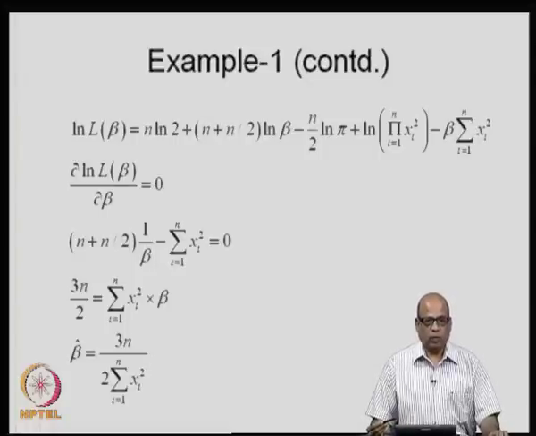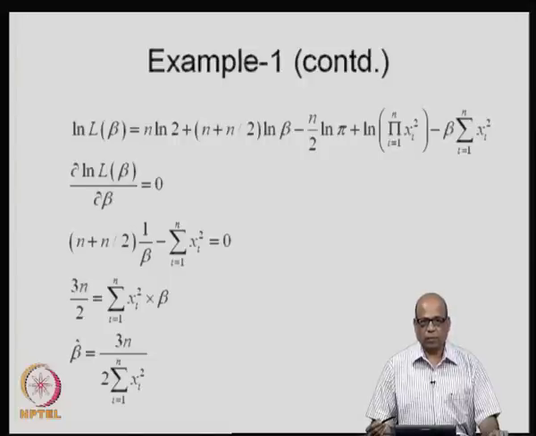So, essentially what we did is, given a PDF, we formulate the likelihood function for the sample which is realized, which is x 1, x 2, x 3 etcetera x n, and then depending on the nature of the likelihood function, sometimes we take the logarithm of the likelihood function and maximize it.